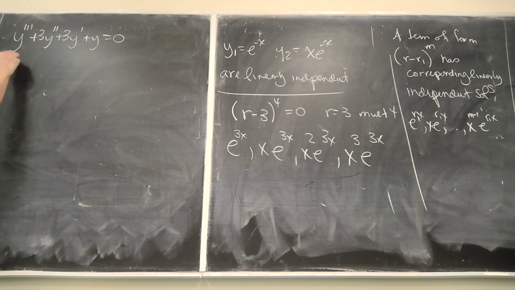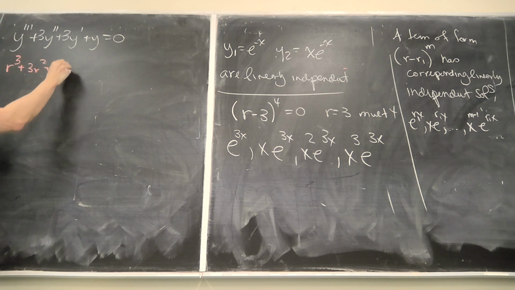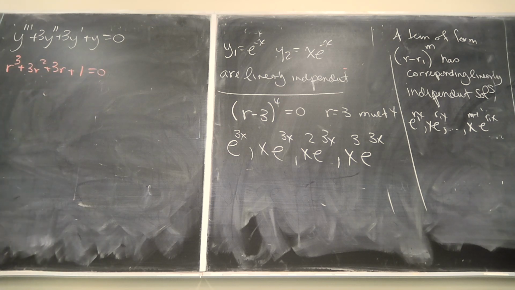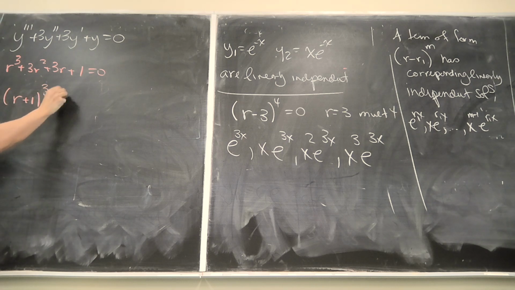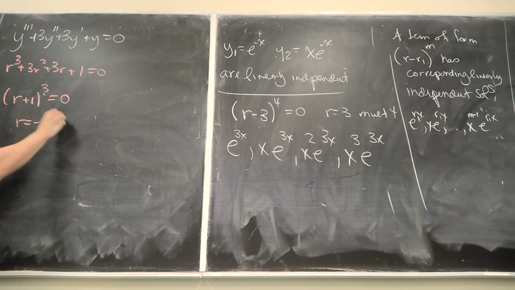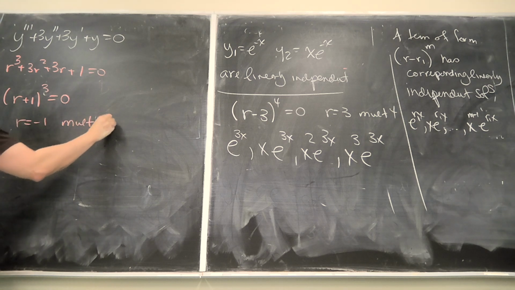Auxiliary polynomial, r cubed plus 3r squared plus 3r plus 1 is equal to 0. And then you go into your library of Pascal's triangle or the binomial theorem or whatever you know from the past and realize immediately that this is (r plus 1) cubed. I mean, obviously. So this is r equal to minus 1 with multiplicity 3.